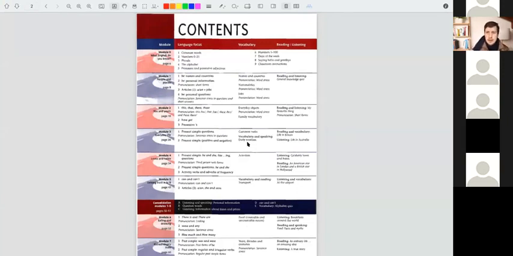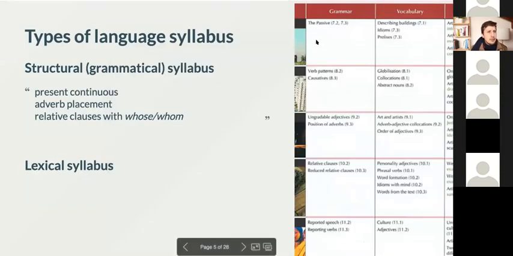The table of contents is basically the syllabus of the course book because it tells you exactly what the objectives are for each unit. Now, if you look at the contents for many different syllabuses, especially older textbooks, typically they put a lot of emphasis on grammar and vocabulary. So if the main emphasis is on grammar, then it's a structural syllabus. You start with grammar.